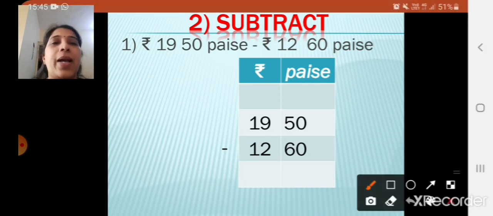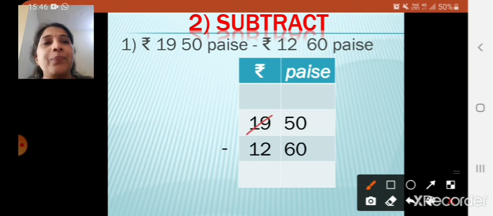Now 50 minus 60, right? So again 50 is smaller than 60, so you cannot carry out subtraction. So remember, we had taken the second example, in that we had borrowed 1, right? So what we are going to do, we are going to borrow 1 from the rupees column. So when you borrow 1 from the rupees column, what will it become? 19 minus 1 will become 18, right?